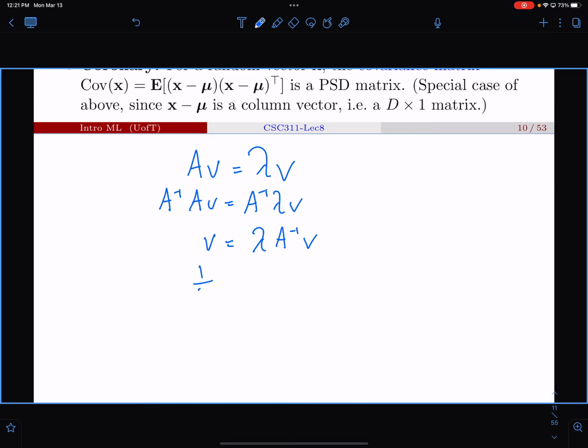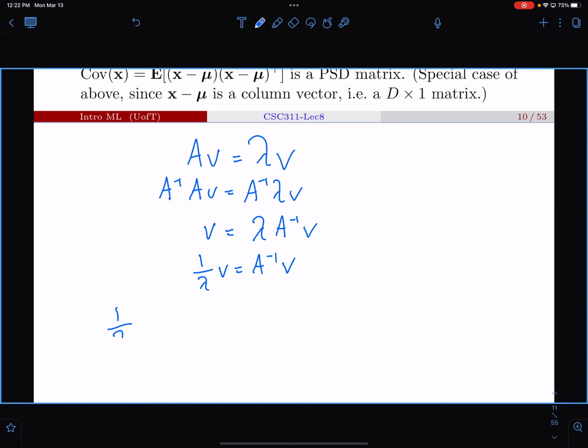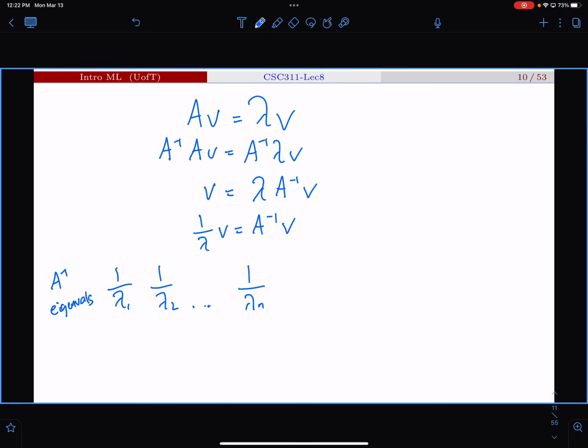So we have 1 over lambda V is equal to A inverse V. So what this is saying is the eigenvalues of A inverse are 1 over lambda 1, 1 over lambda 2, all the way to 1 over lambda n. And the eigenvectors are exactly the same as well.